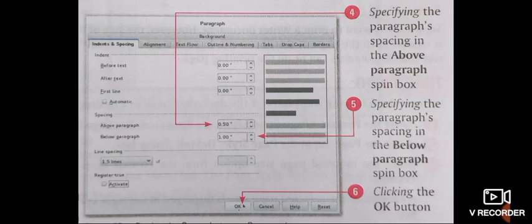Now from there, we set the spacing option for above the paragraph or below the paragraph, as we want to add space in between the paragraphs. After setting that value, we click on the OK button. As we click on OK, the paragraph spacing is applied to our paragraph.